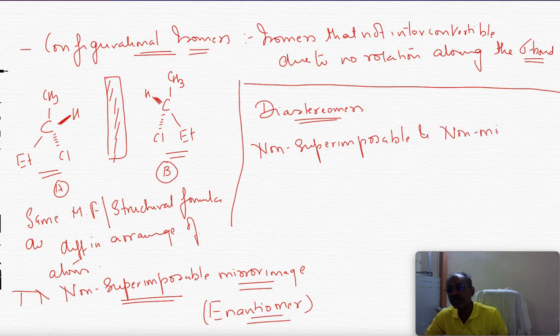Means it will not be a mirror image, neither will it be superimposable. The molecular formula will be the same, everything will be the same.